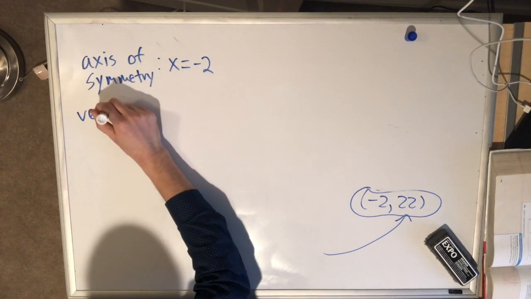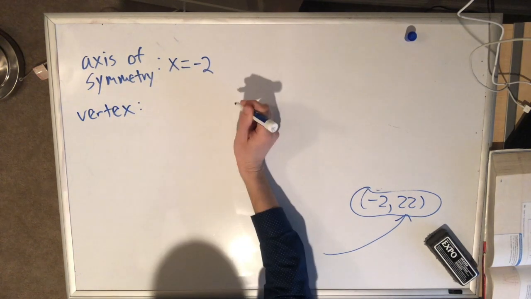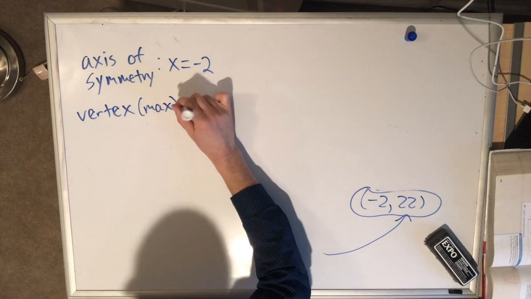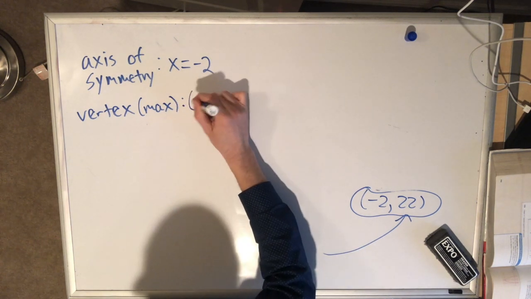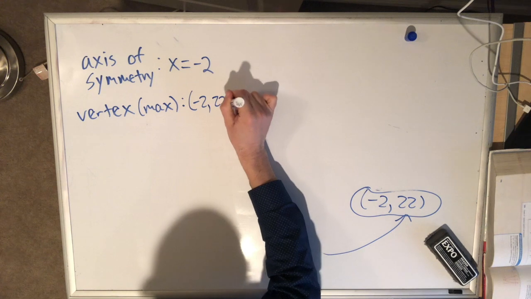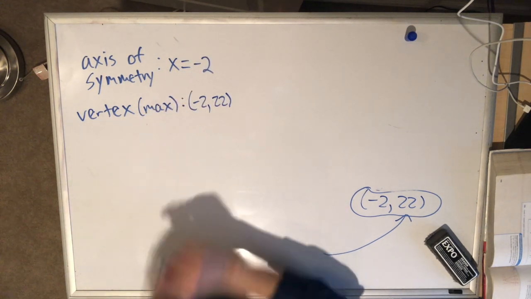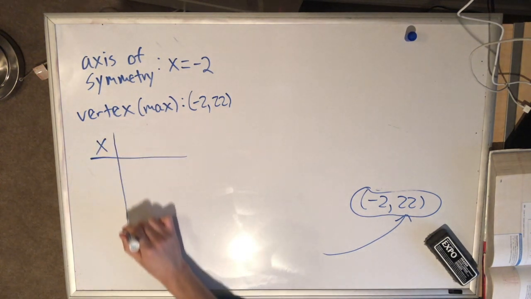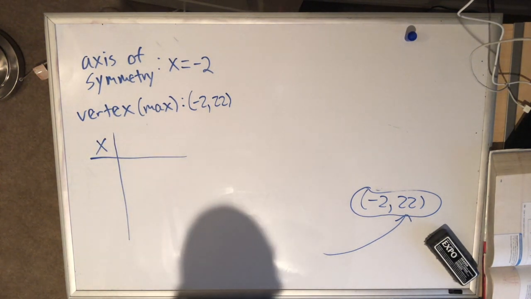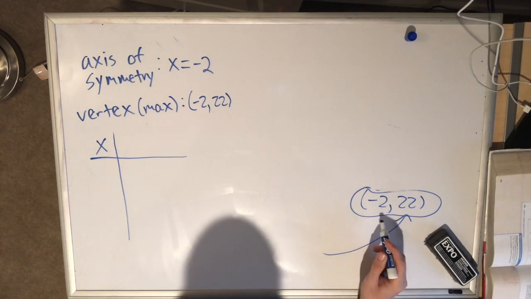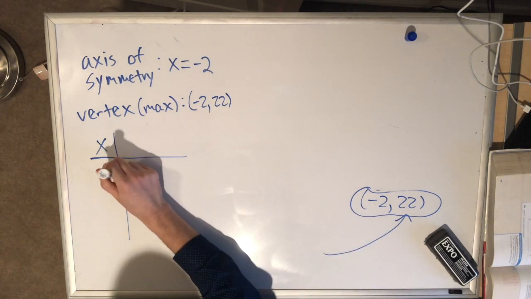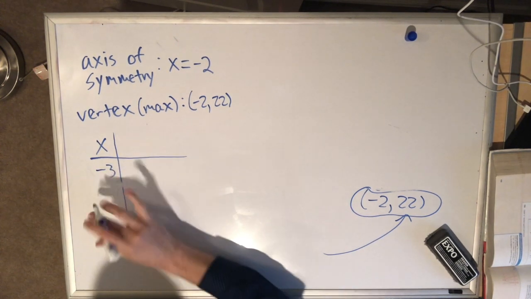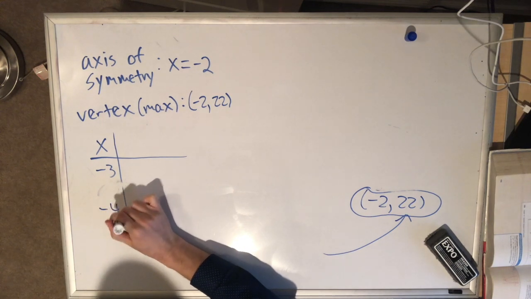Our vertex, the maximum point, the highest point on the parabola, is negative 2, 22. And now let's pick two x values, two whole numbers less than negative 2. So negative 3 and negative 4. And let's also substitute in 0 for x to find the y-intercept. That's an important point.